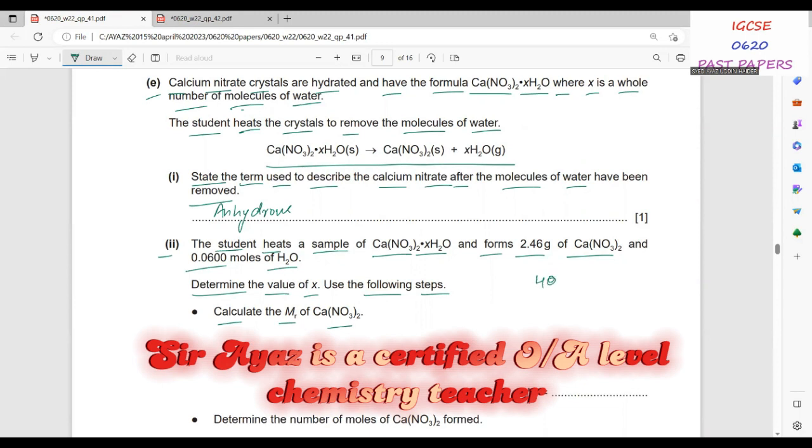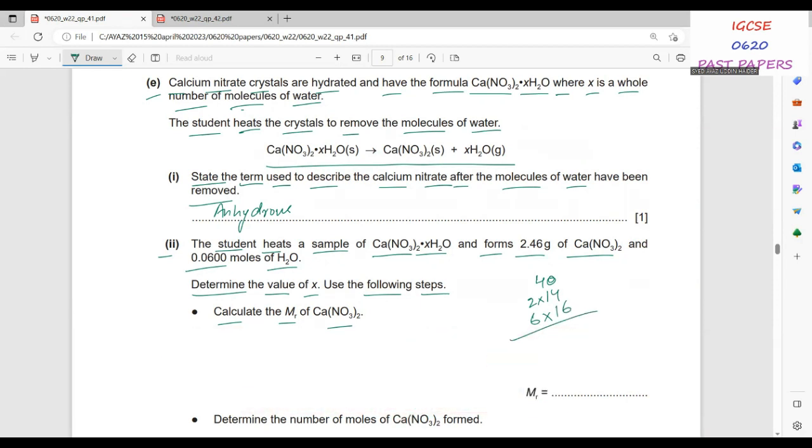For nitrogen, it is 14. So we have 2 atoms of nitrogen, so we'll multiply 2 by 14. What about oxygen? 2 multiplied by 3 is 6. The relative atomic mass of oxygen is 16. So if you add up these, you will get 164.